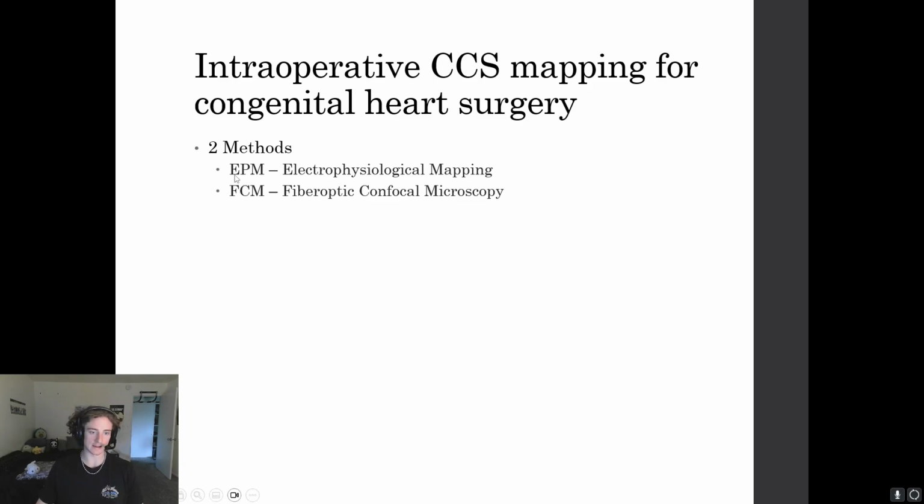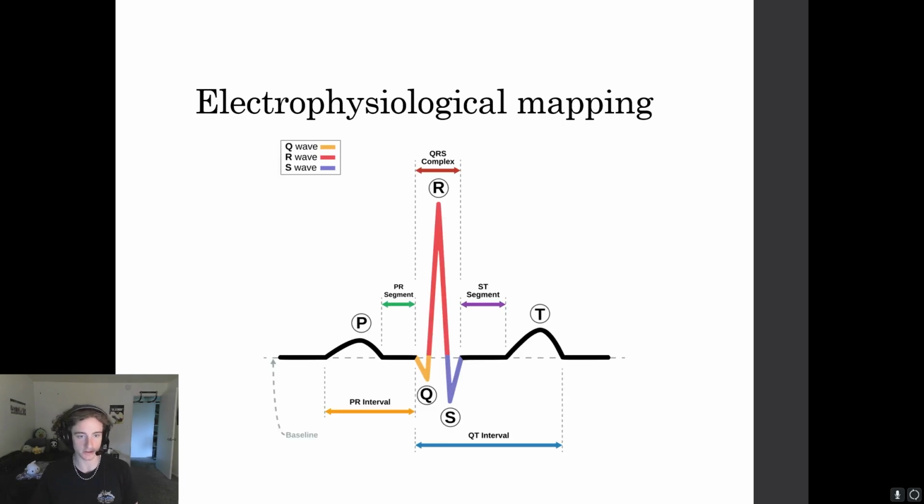So first, we're going to look at the EPM, which is electrophysiological mapping, and then we're going to look at FCM, which is fiber optic confocal microscopy. So looking at the electrophysiological mapping first, I just want to go through this so we're all clear on what we're looking at when we see an EKG. So the P wave is going to be the atrial depolarization.